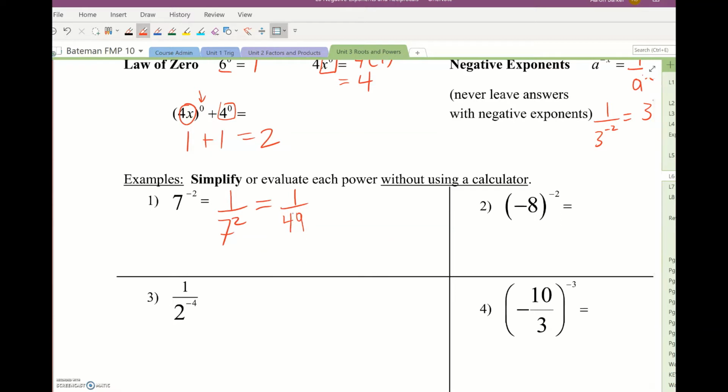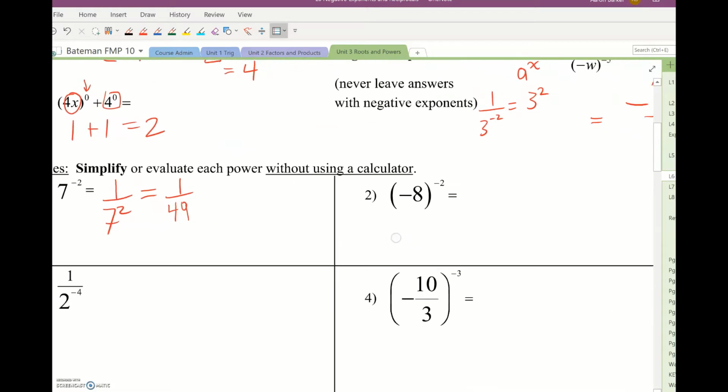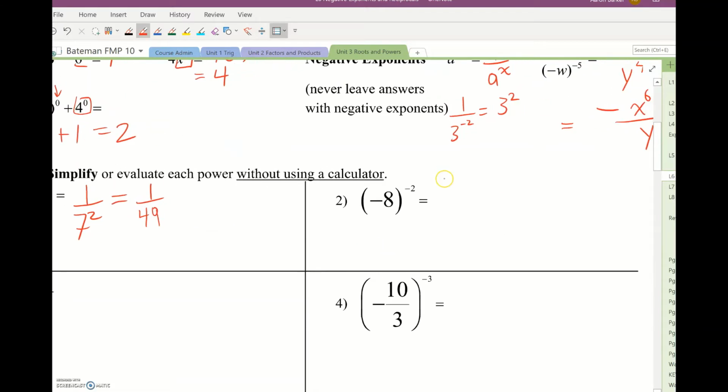Try the next one. Go. Okay, so first of all, we turn into a fraction. Then we have the exponent 2.